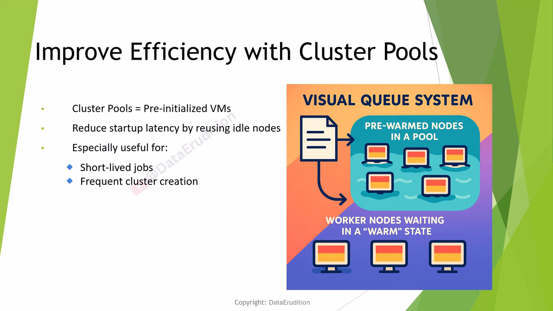But with a pool, a set of clusters as per your configuration will be waiting in the pool, and all the parallel processes utilize that pool. So the cluster startup time will be reduced, and that's why it will be time efficient and cost efficient, right?